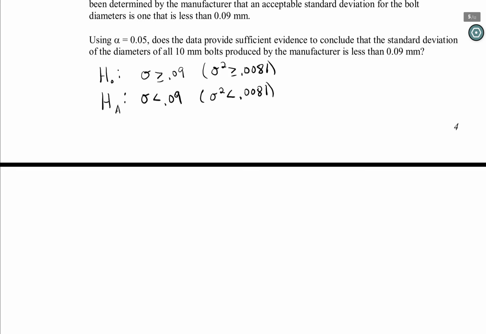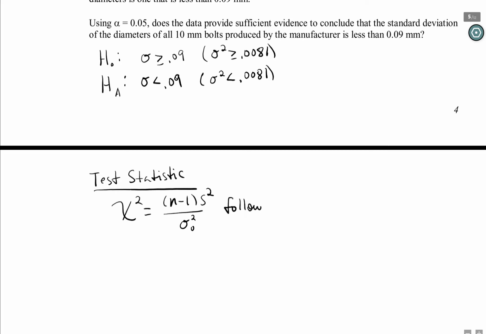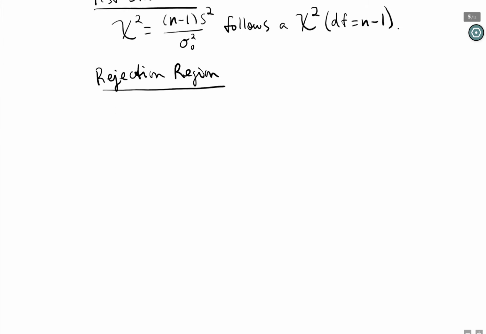Assuming that's okay, our test statistic follows a chi-squared distribution with degrees of freedom equal to n minus 1. And for my rejection region, or you could alternatively look at the decision rule, I'm going to draw out the rejection region here.